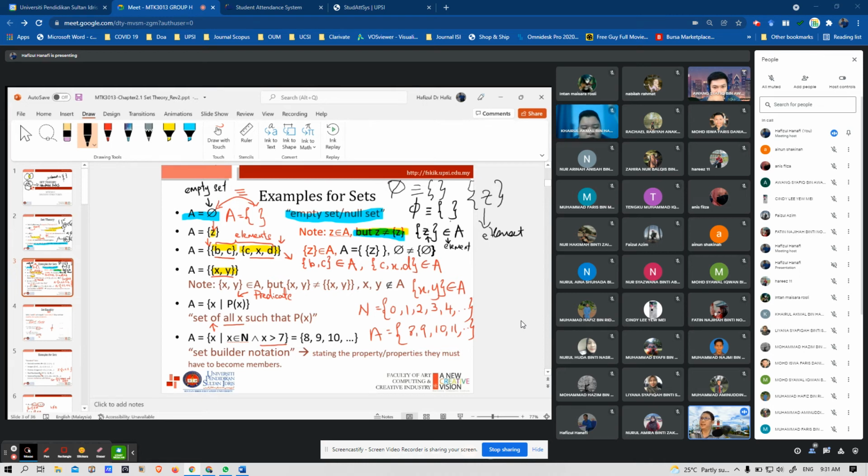Okay, and then the element z is a member of set A, and then set A contains the element z. The empty set or null set is not equal to the set containing the empty set. This one is not the same.